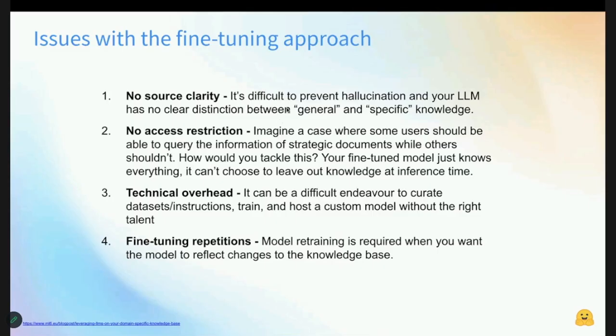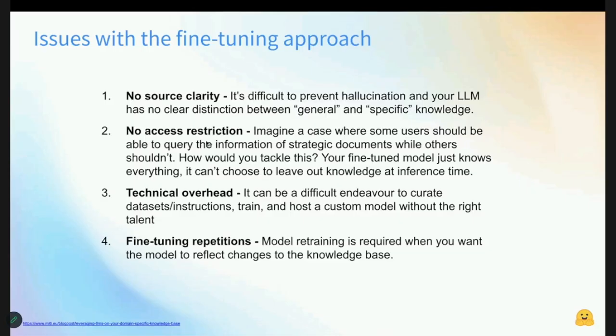And there's also no distinction between what was generally available knowledge and what's specific knowledge. It's all just blended together, and the LLM is just decoding based on this blended knowledge. So you have no way to really pinpoint where the knowledge is coming from.